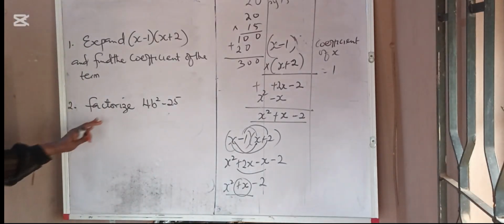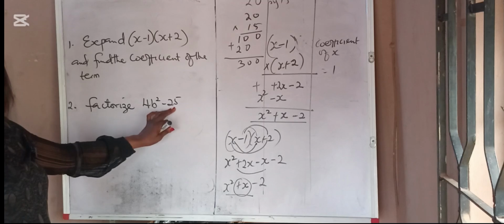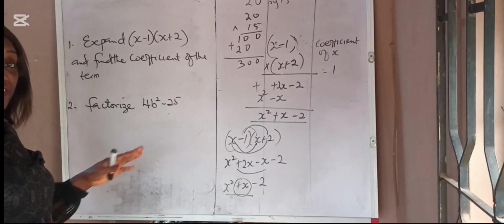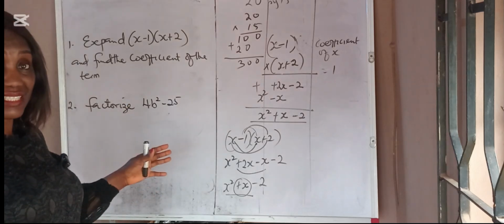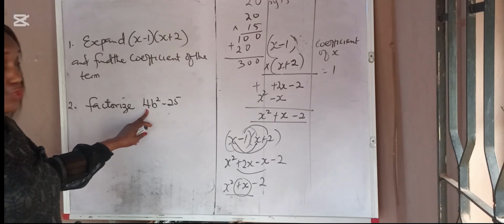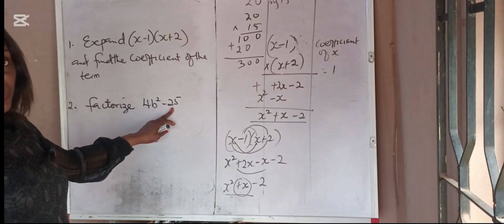The next question says we should factorize 4b squared minus 25. If you're familiar with this thing, the first thing that will come into your mind is difference of two squares. That is the easiest way of doing it. Knowing that 4 is a perfect square and b squared is a perfect square, 25 is a perfect square.